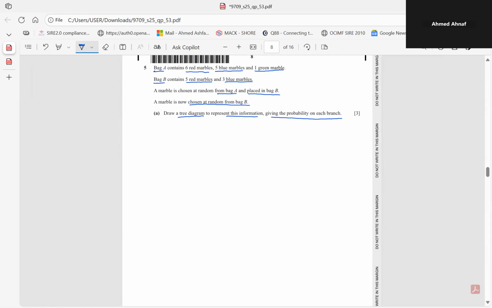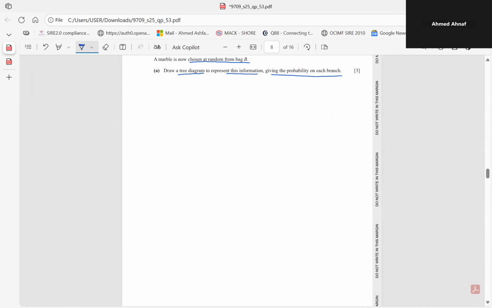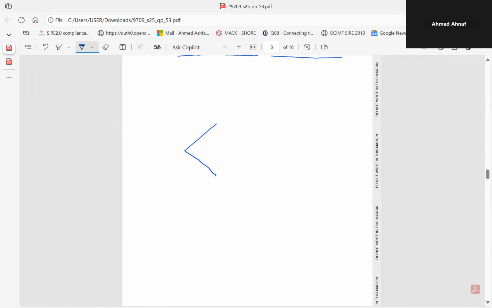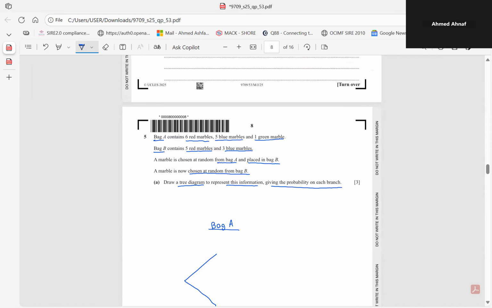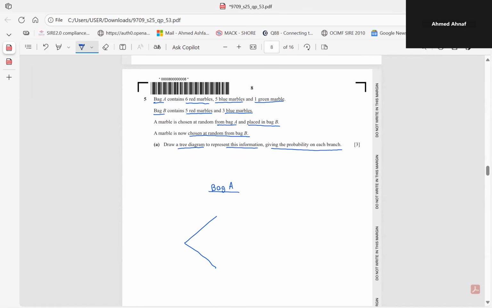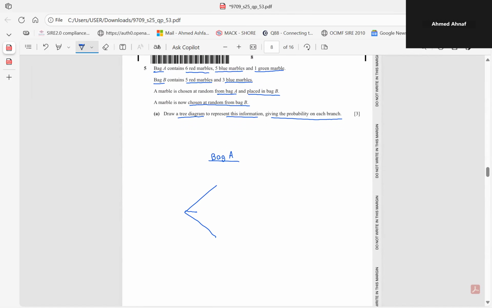Okay, so for the first branch, the marble is chosen at random from bag A. So let's write bag A. Bag A has 3 possibilities. You can either pick a red marble, a blue marble, or a green marble.